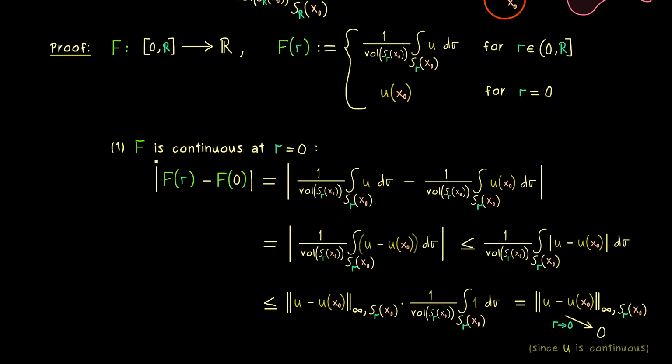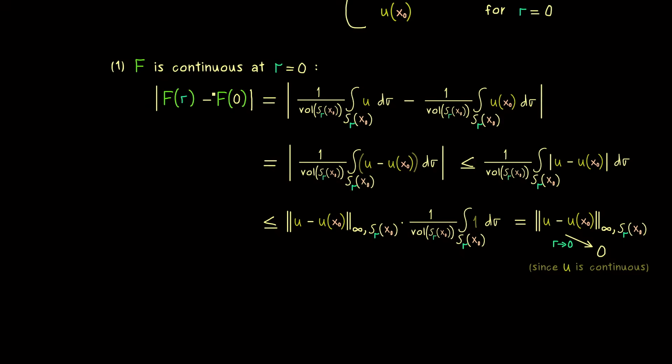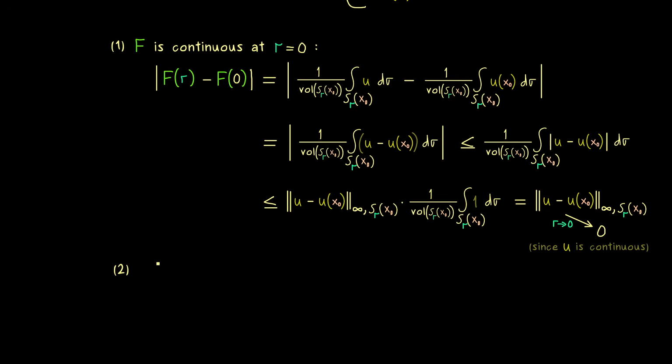We have a continuous function F. And now in the second step, I want to show that we actually have a differentiable function. And in order to see that, it might be better to put the dependence on the radius r inside the integral. So this just means that in the mean value we want to calculate, we have to do a substitution. And first of all, we can translate the center of the sphere to the origin.